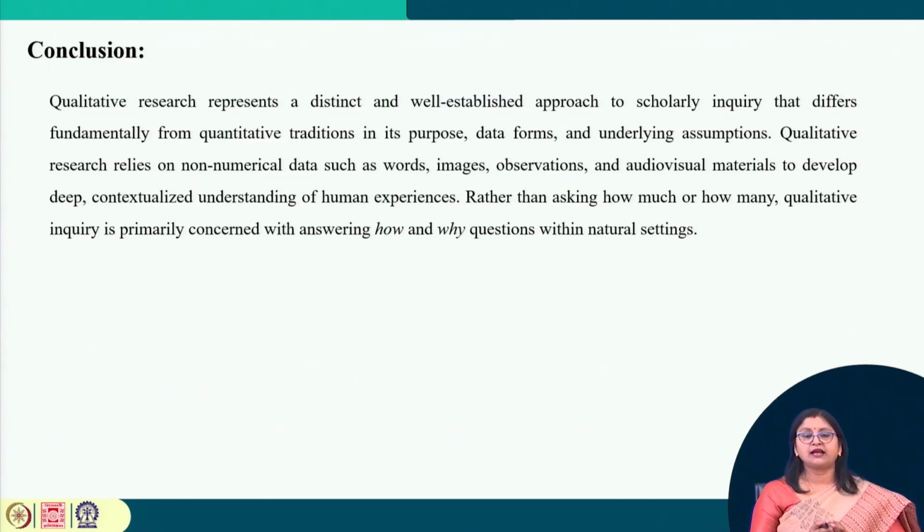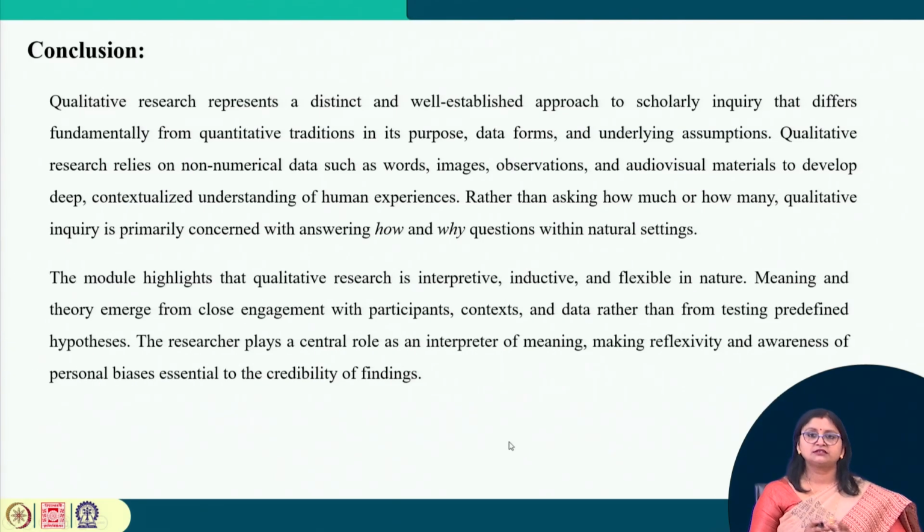It is not running behind the numbers. Rather than asking how much or how many, qualitative inquiry is primarily concerned with answering how and why. So, these how and why questions within the natural setting are the basic nature of qualitative research.